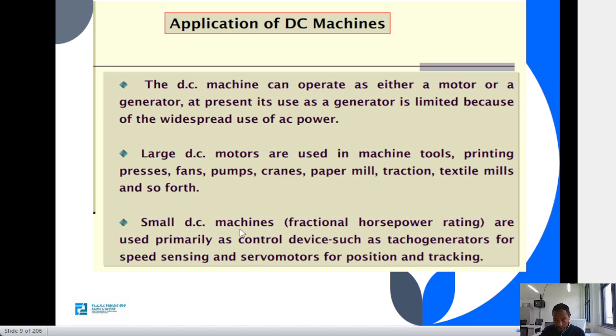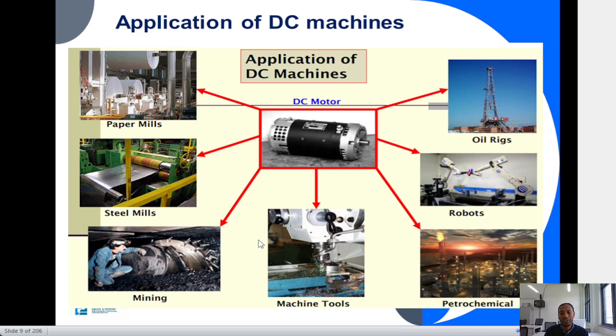When you come to smaller DC machines, smaller capacity means fractional horsepower, lower rated power. They are primarily used for control purposes, such as tacho generators for speed sensing and servo motors for position and tracking. These are the applications where we can apply DC motors: in paper mills and steel mills.